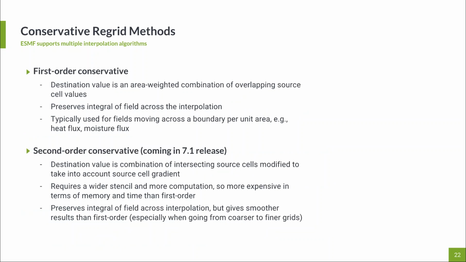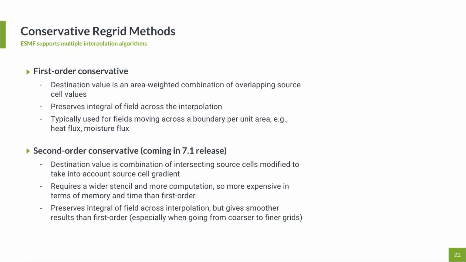Okay, on the conservative side, the first order conservative method is available right now and has been in ESMF for a while. We use the overlapping areas to weight the source values that are coming in. And by doing that, it preserves the integral of the field across the interpolation.